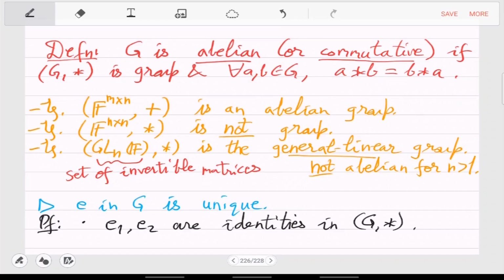How do you show that E1 is equal to E2? The key operation here is just to multiply them. Because E2 is an identity, this will be E1, and because E1 is an identity, this will be E2. So that's it. It shows that there cannot be two identity elements. So now you can read the axiom as: there is a unique identity element E.